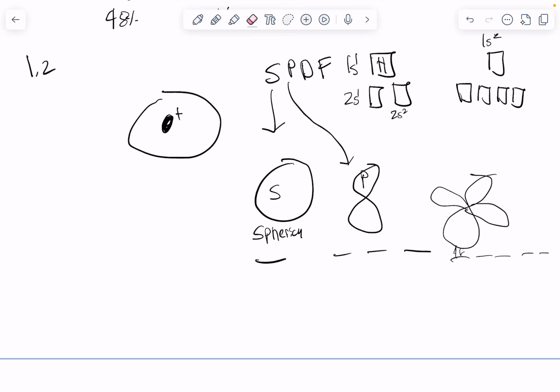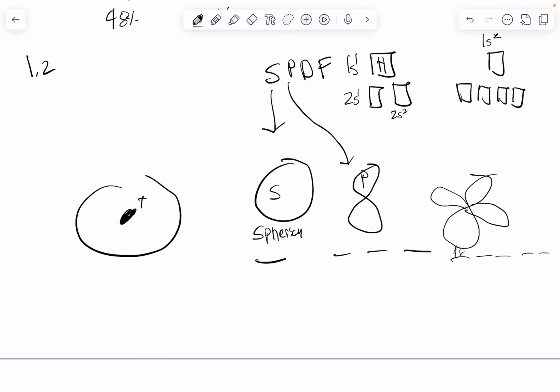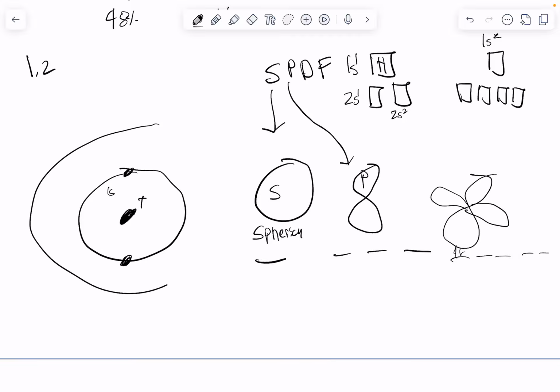So now let's go back to our drawing of our atom. We have this positive nucleus, okay? And in our first orbital, this is the 1s, we have 2 electrons. And then in the second orbital, we have the 2s, but then we also have the 2p, that comes over here.